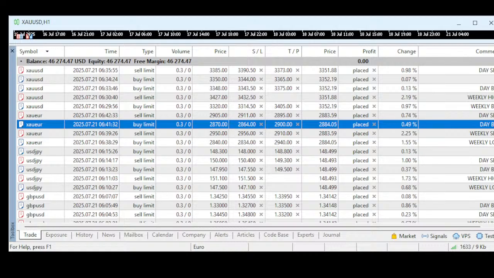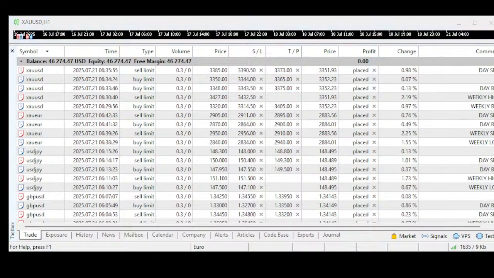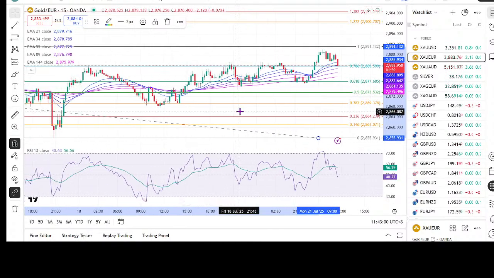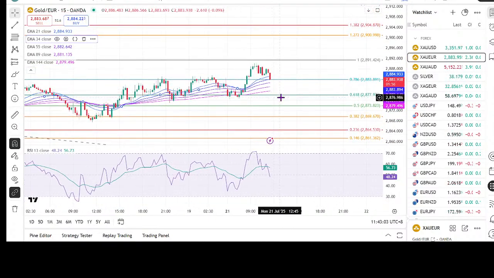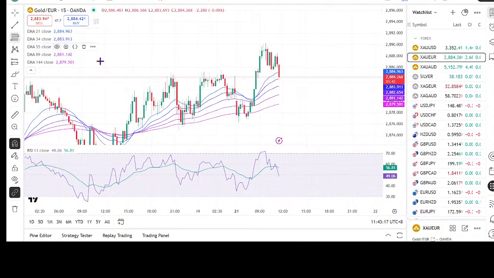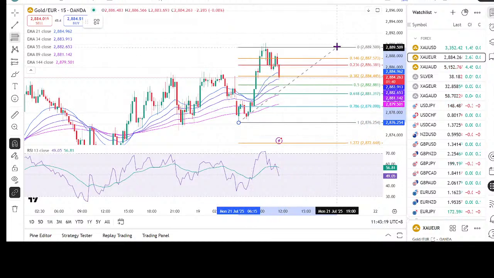So now finally we look for a scalping buy or sell. So for the scalping buy, the stop should be 2870 and our entry should be within this level retracement.